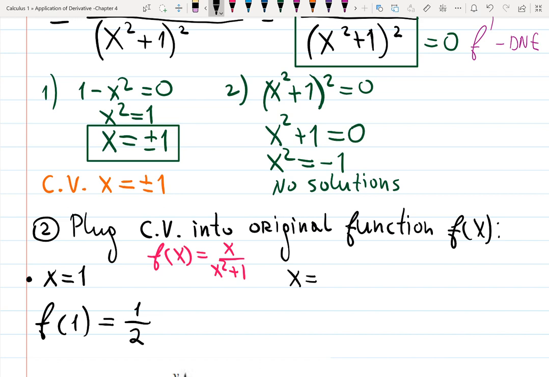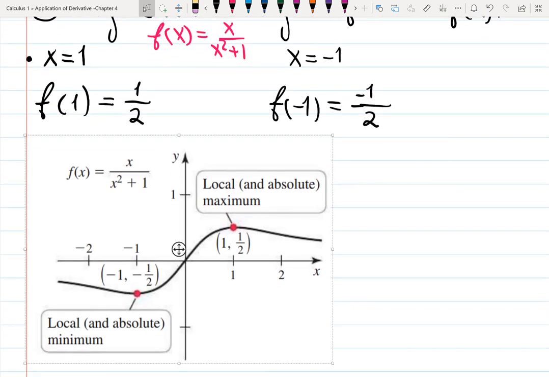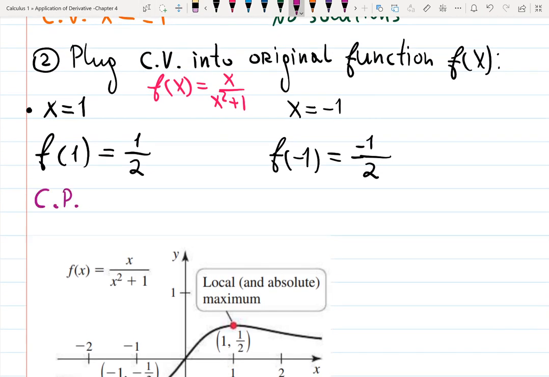When x is negative 1, f of negative 1 is negative 1 over, still x squared plus 1 gives you 2, because negative 1 squared is 1. So that's negative 1/2. We have 2 critical points. Critical points, CPs, are 1 and 1/2, comma, negative 1 and negative 1/2. Those are critical points, and this is the answer for this problem.